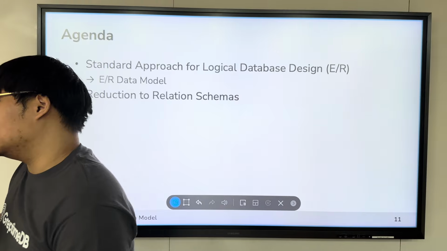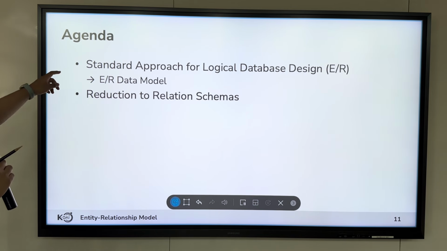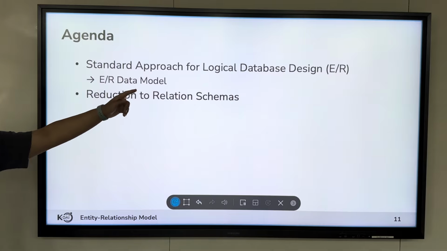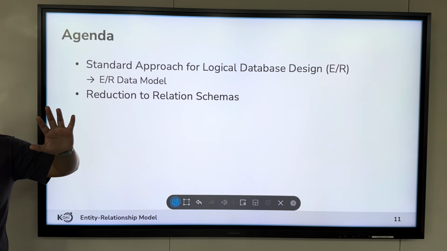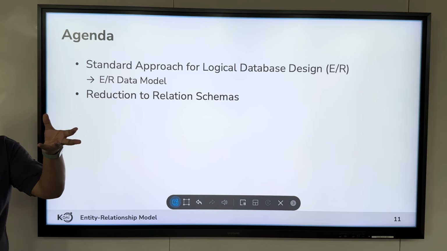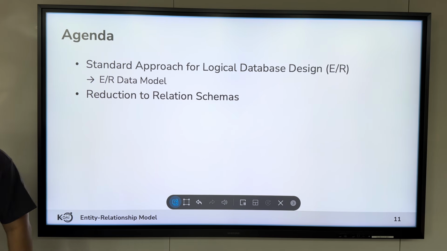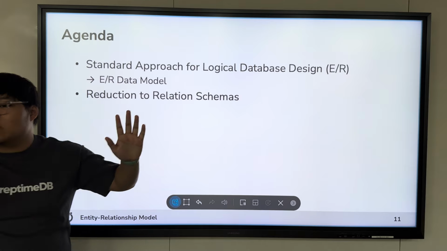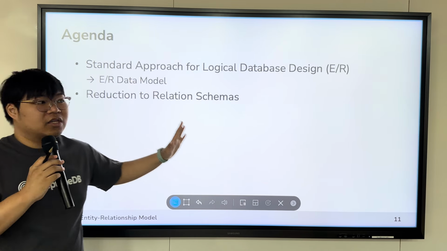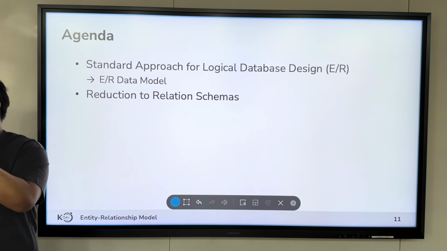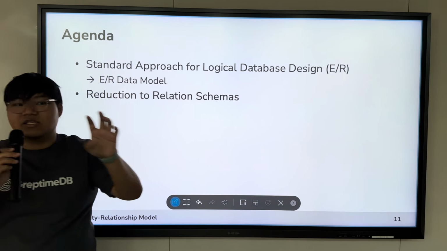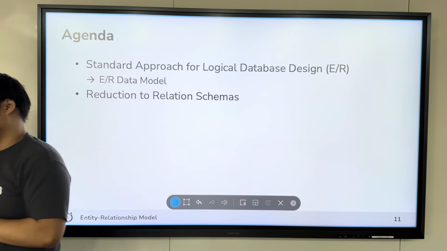Even though the standard approach will give you some clues, some pieces of information, that is not a relational database schema. You will need to use a method called reduction to reduce the information you get into relational database schemas.